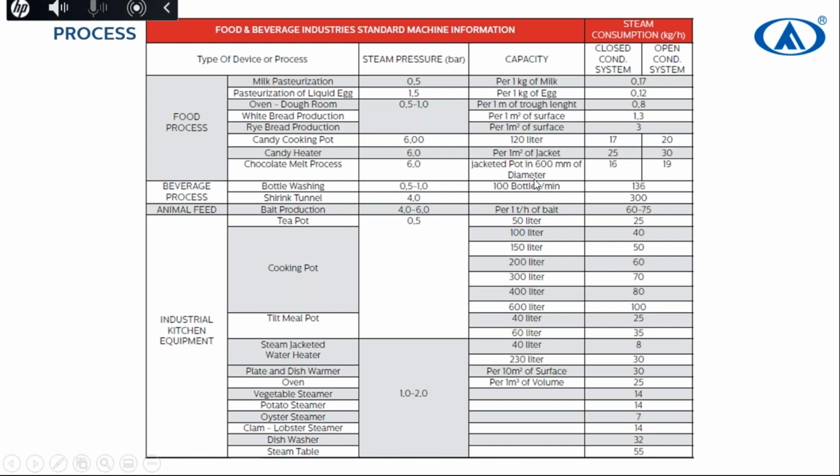I added this information because a lot of people ask for it. They are asking for the average condensate amount because they only know the average steam amount which the pasteurization or oven needs. So you can calculate with this approximately, and you can find your steam trap.